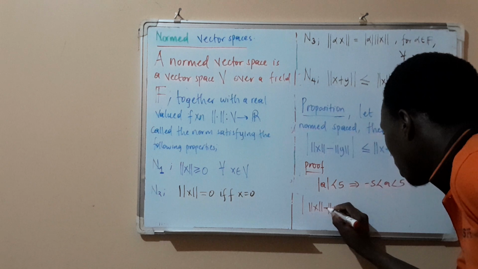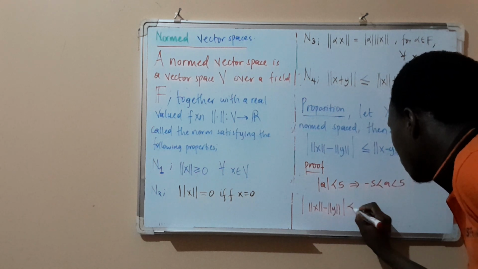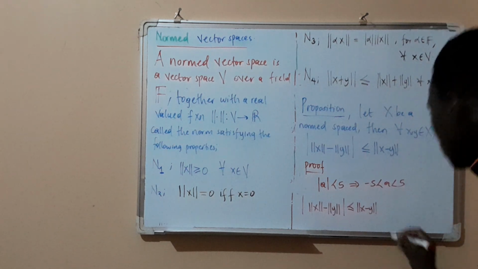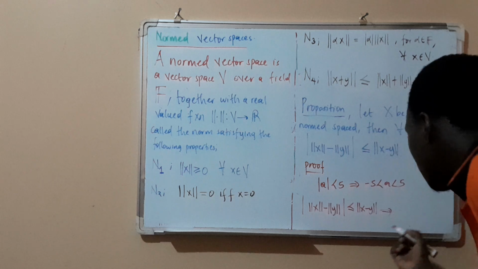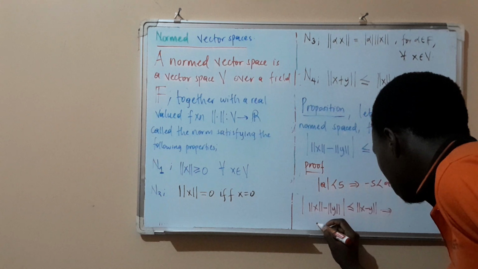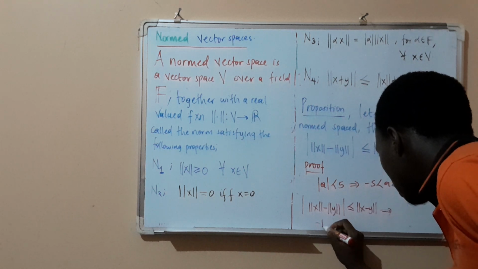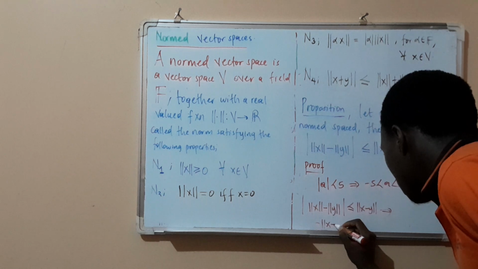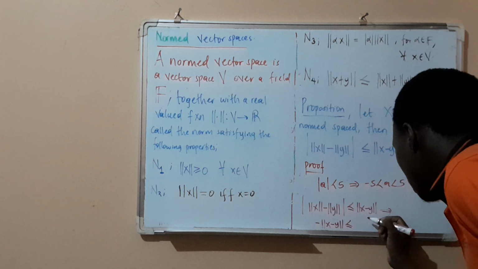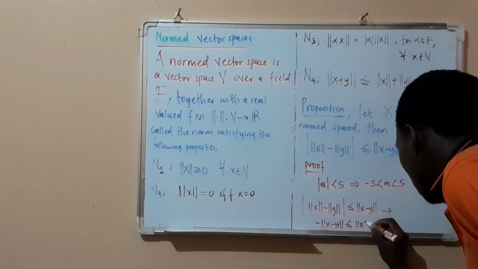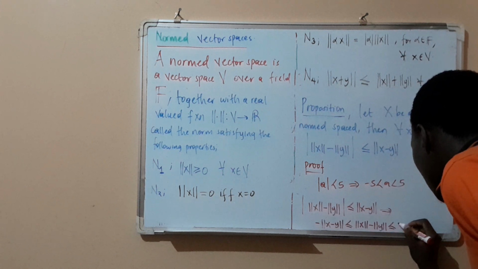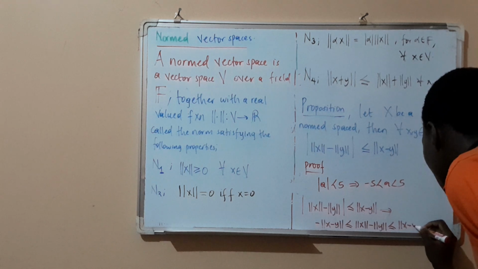So it suffices to show that negative norm of x minus y is less or equal to the difference of the norms, and this is less or equal to the norm of x minus y.